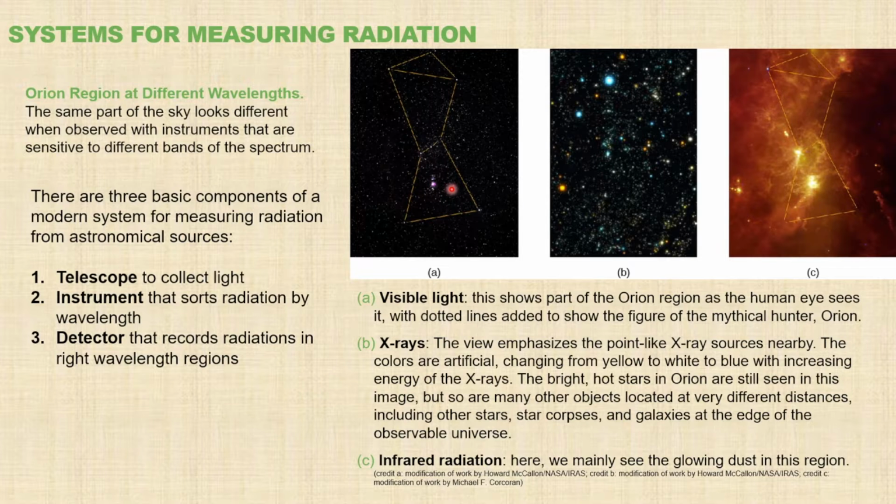Like this picture here can be taken with one telescope, and the X-rays can be directed to one detector where it puts out this image, and the infrared waves can be directed to another device which puts out this image here.